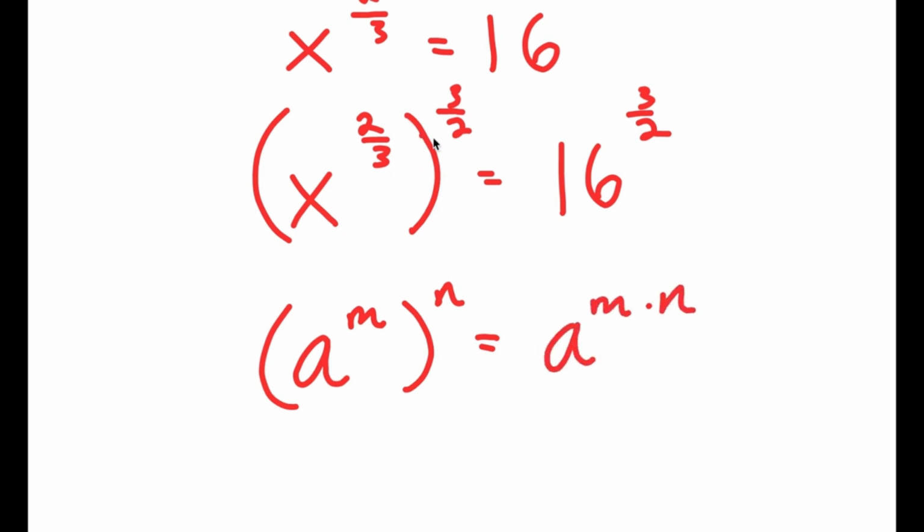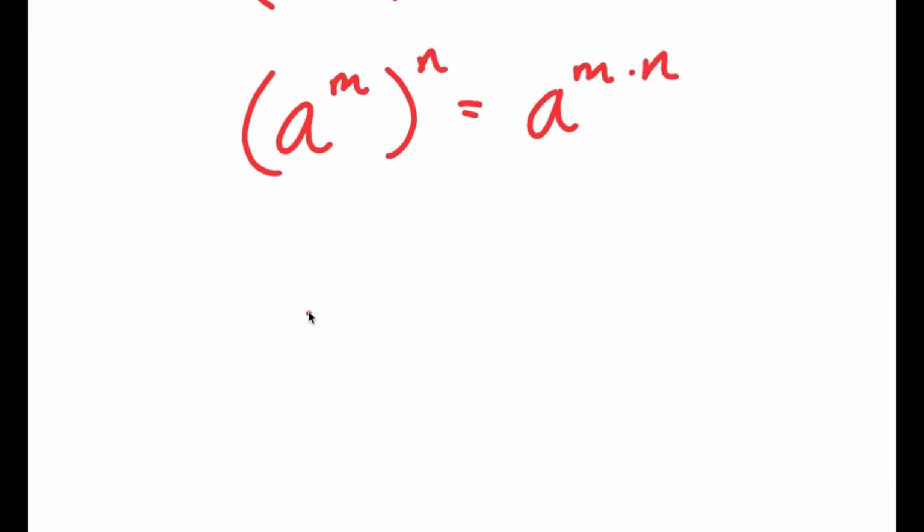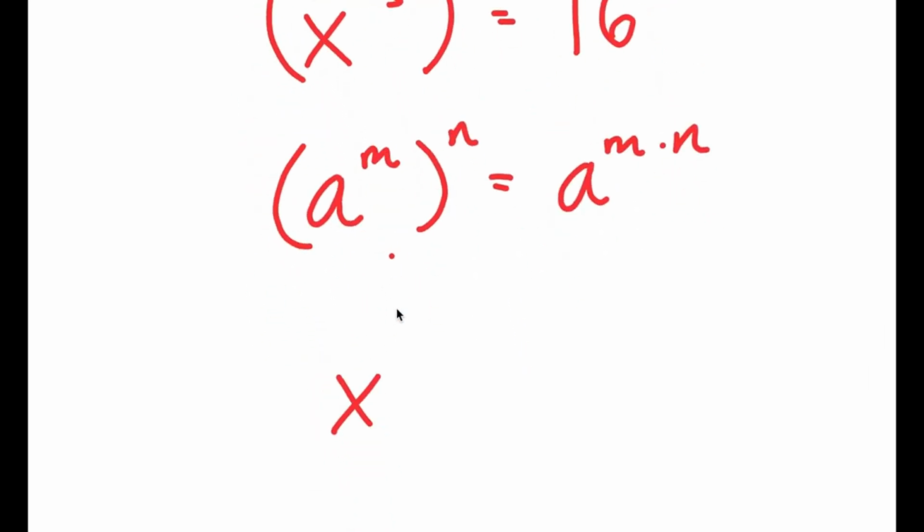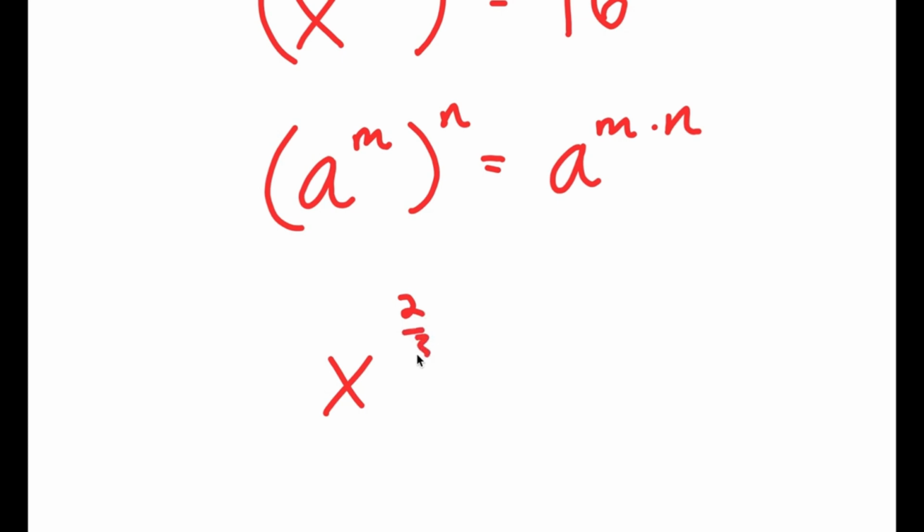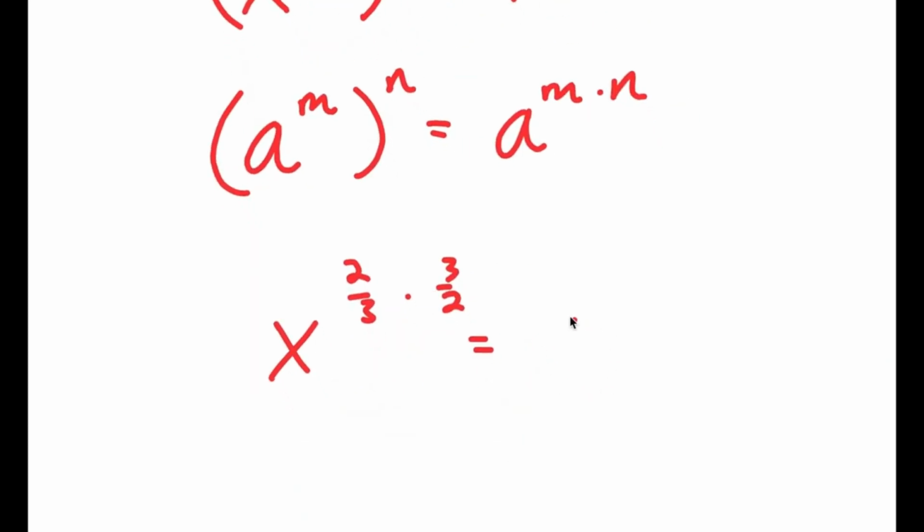So x to the power of 2 over 3 to the power of 3 over 2 is the same thing as x to the power of 2 over 3 times 3 over 2. And this is equal to 16 to the power of 3 over 2.